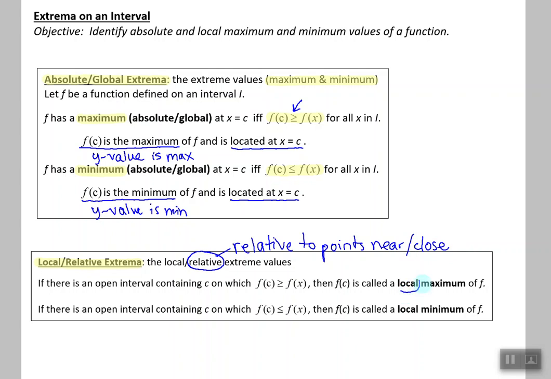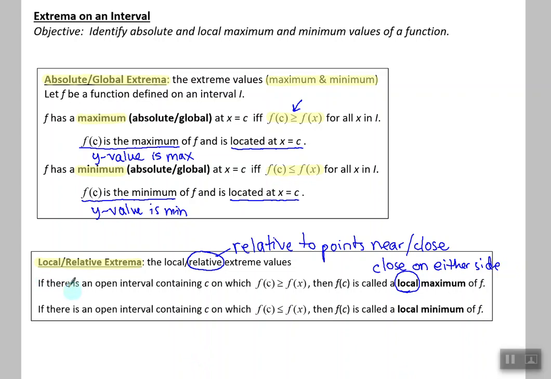The word local, when we think of local max or min, we think also of close or nearby. And we want to be able to see on either side. We want to be able to see on both sides.